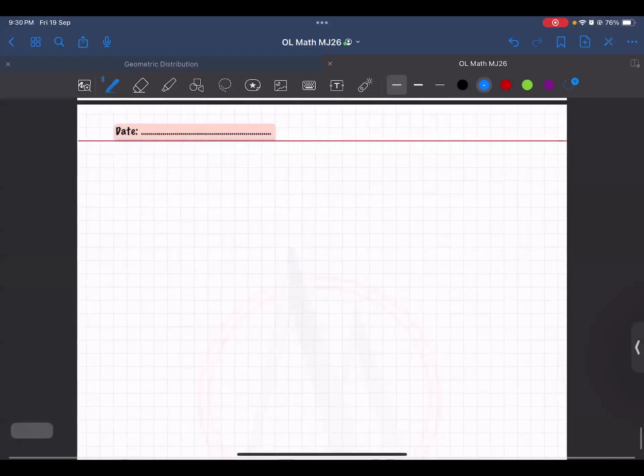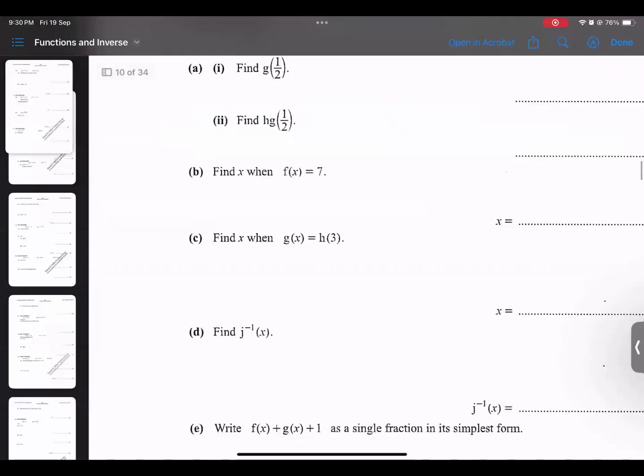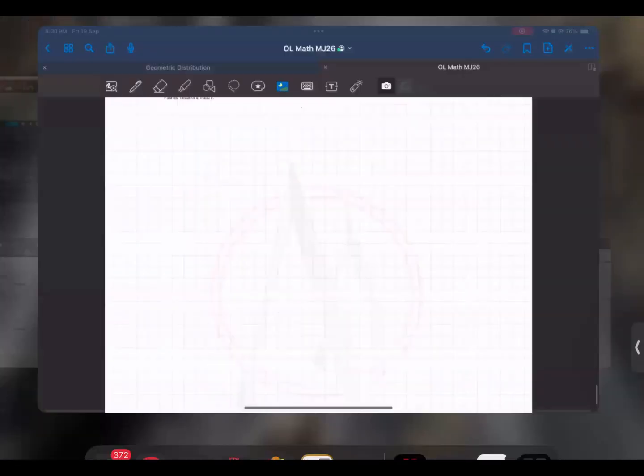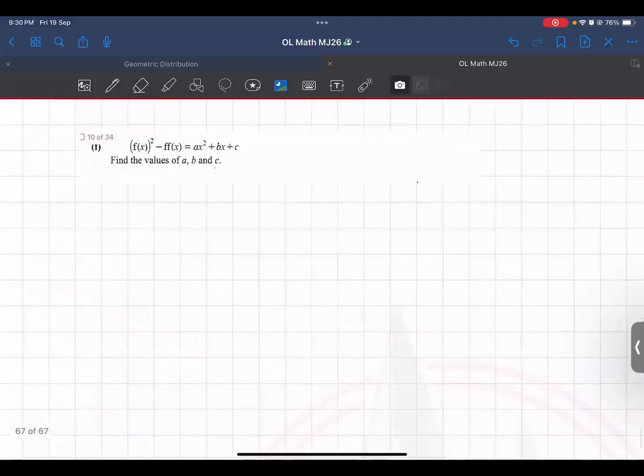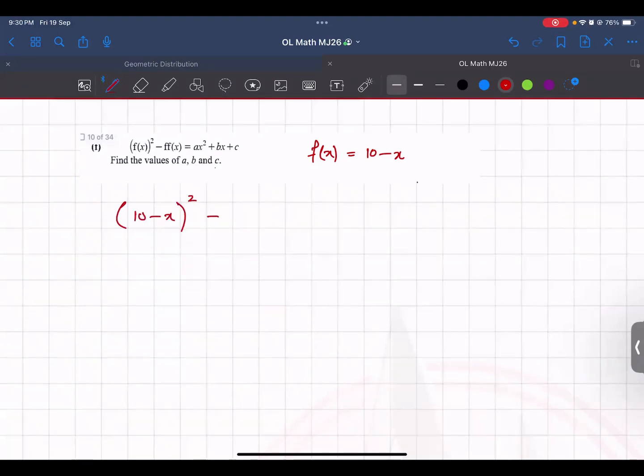It's algebra, just the basic algebra. You have to simplify things. And they have given us f(x) is 10 minus x. Now this f(x) whole square means this complete 10 minus x whole squared, minus f of x, which means the input to your f is the f again.